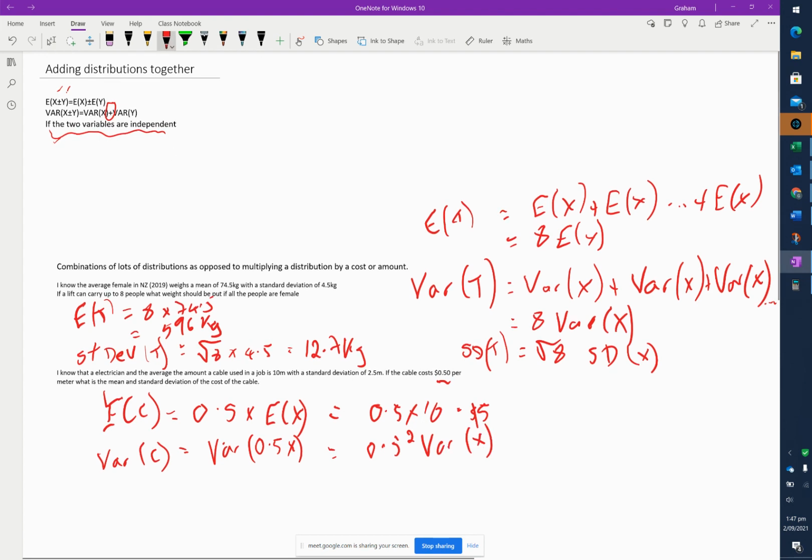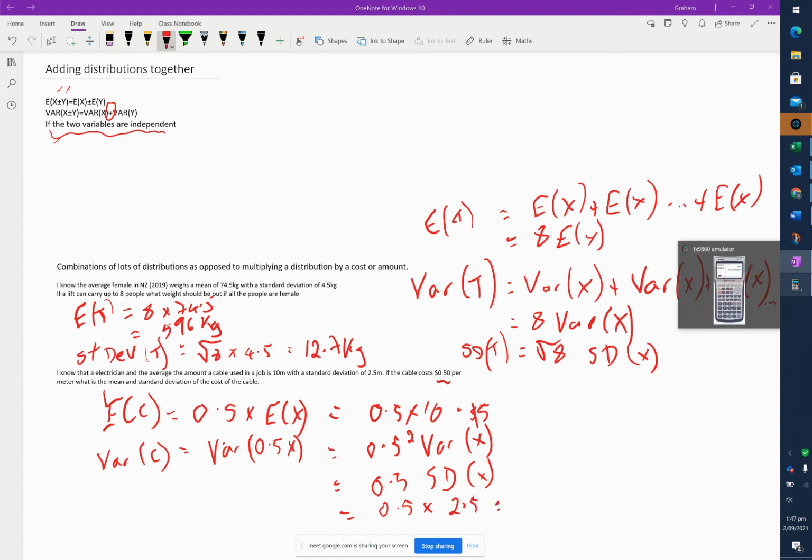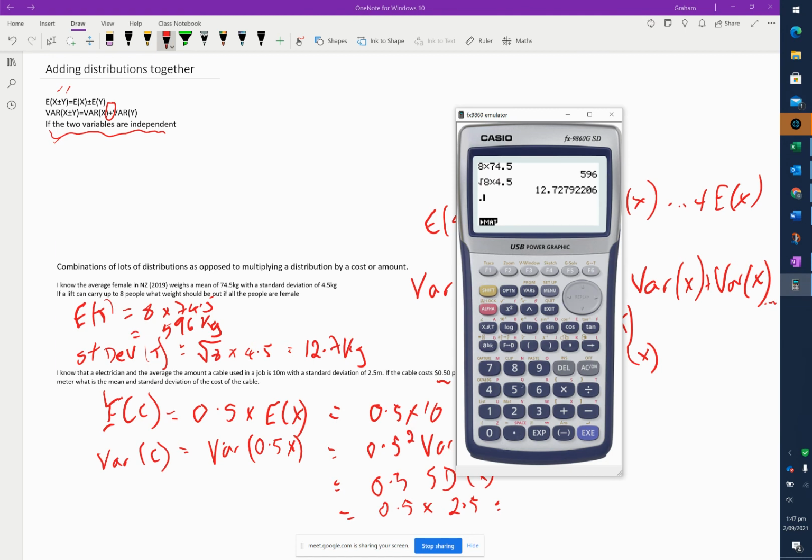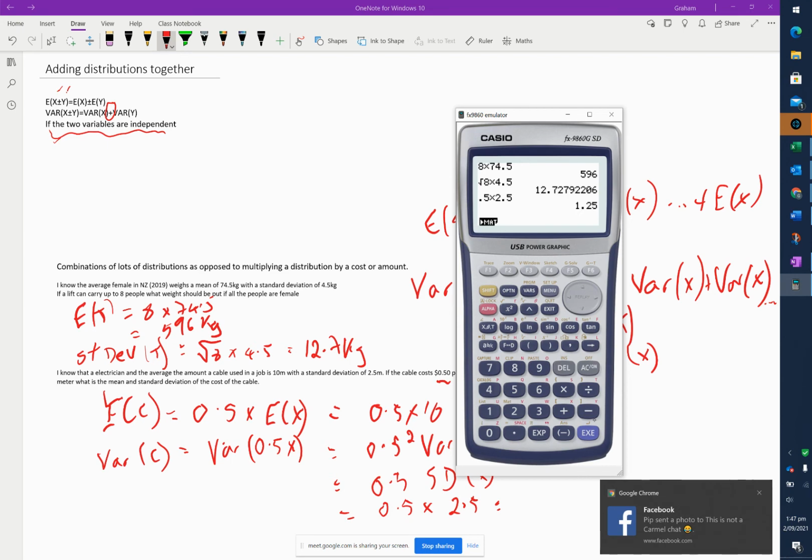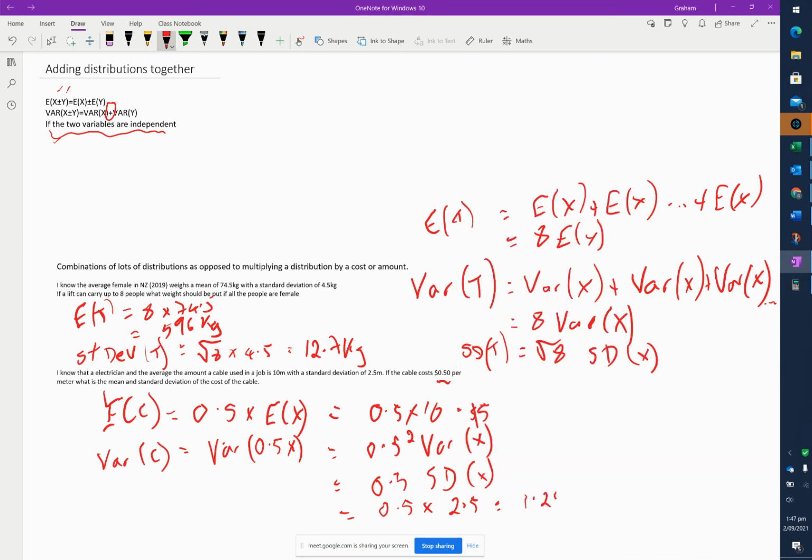And when I take that out and I square it, then I get that it's 0.5 times the standard deviation, which is 0.5 times 2.5, which is $1.25.